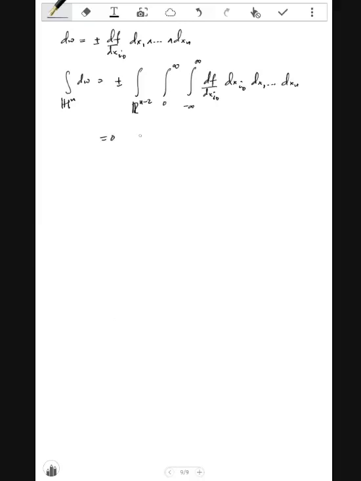But this is equal to 0 since f is compactly supported. And I naught is not equal to n.